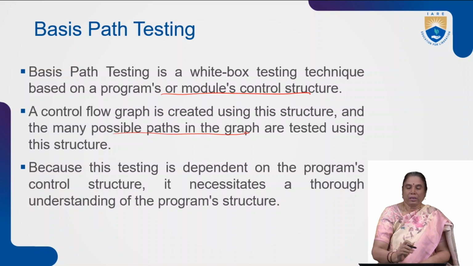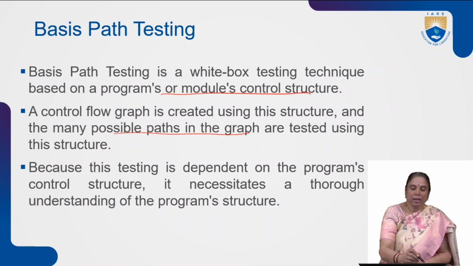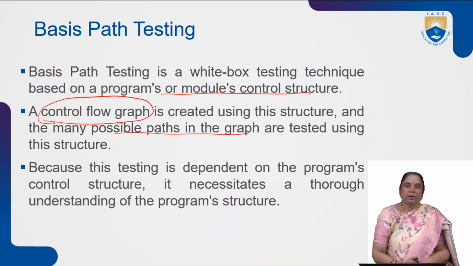The major diagram used to perform basis path testing is the control flow graph. By using this control flow graph, the independent paths, the condition paths, and the looping paths are identified, and test cases are designed to verify these paths.